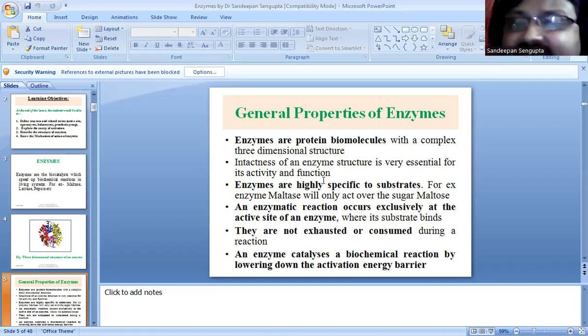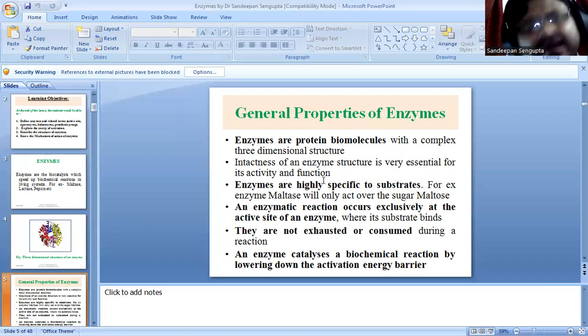Now, an enzymatic reaction occurs exclusively at the active site of an enzyme where its substrate can bind. This is the way by which the enzyme maintains its substrate specificity. The enzyme keeps the binding of substrate and the biochemical reaction confined only to a small structural part, the so-called pocket of enzyme, which is its active site.